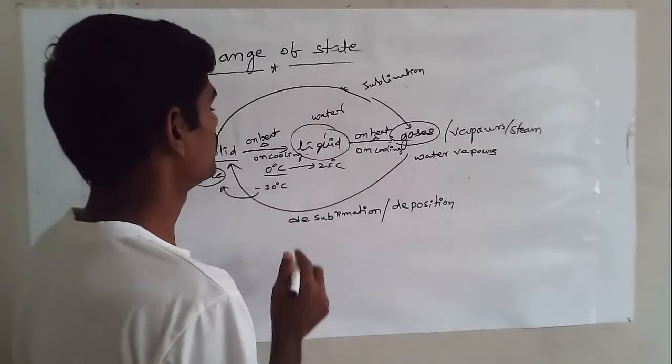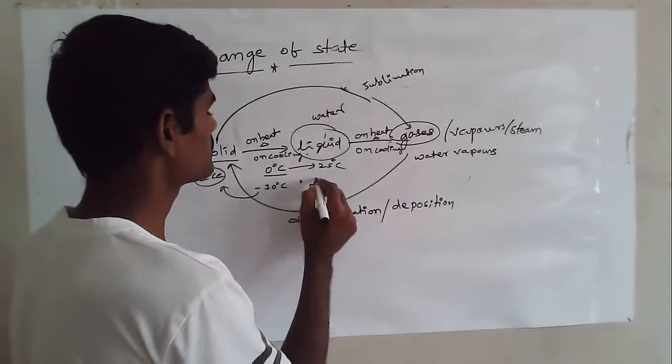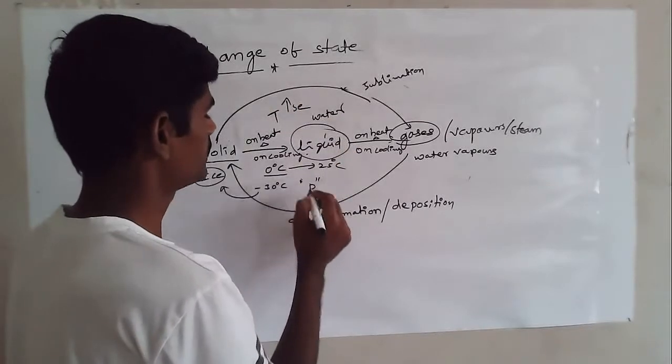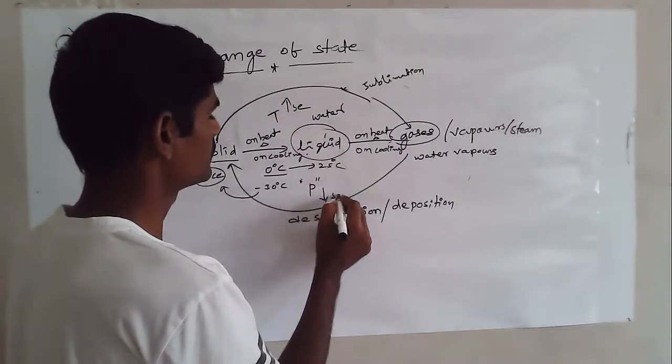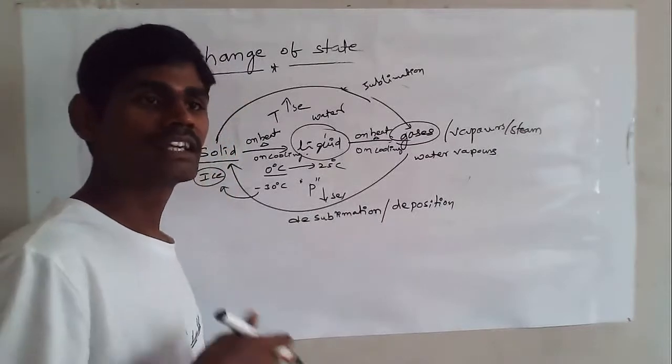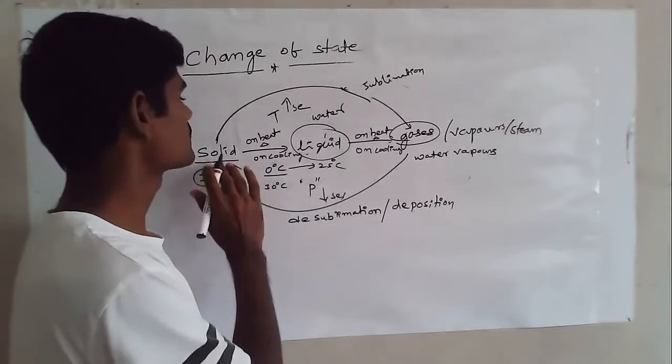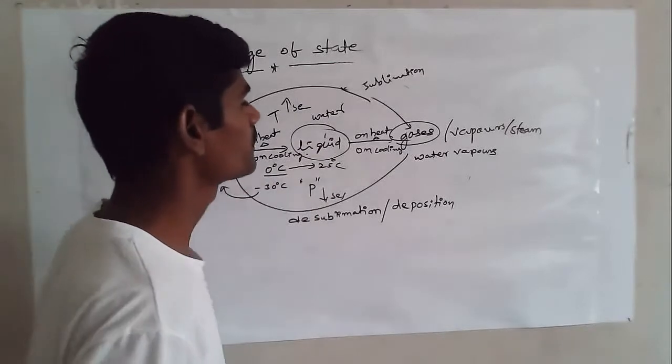Temperature rises up, pressure decreases down. By increasing the temperature and decreasing the pressure, the solid substance converts directly to liquid state.